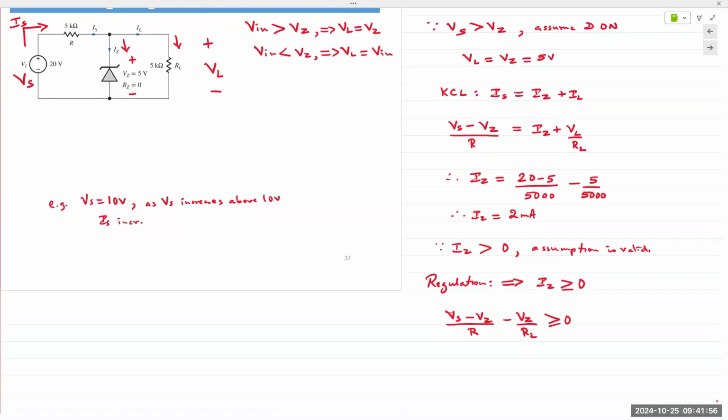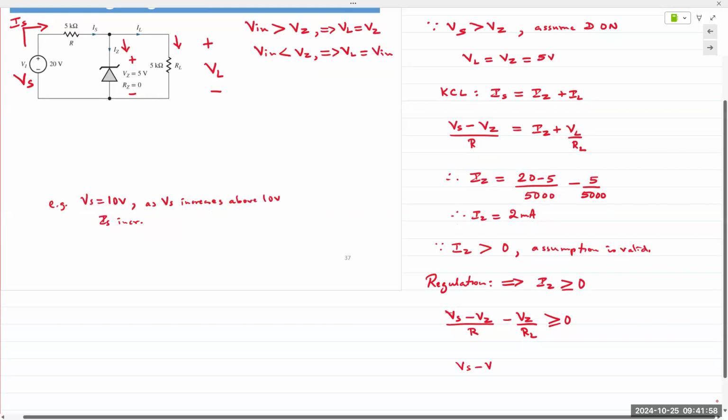We rearrange the terms, and we obtain (Vs minus Vz) over R should be greater than or equal to Vz over RL.